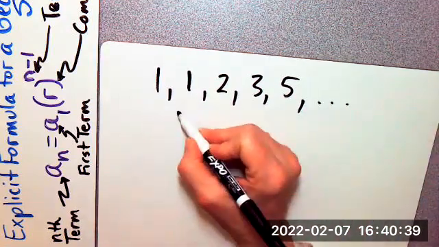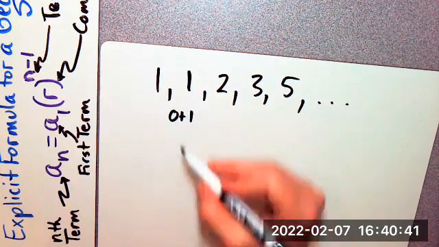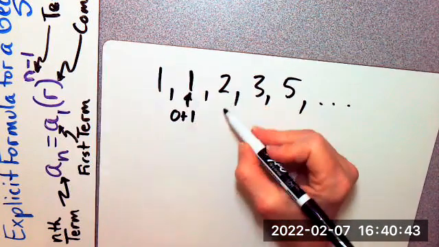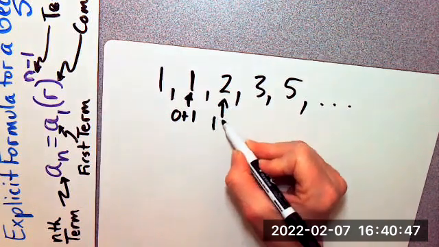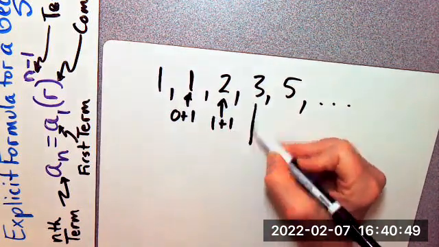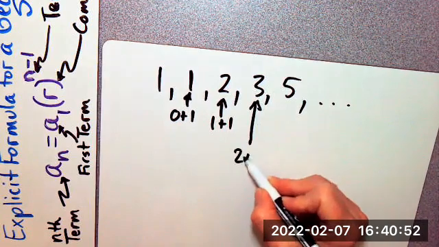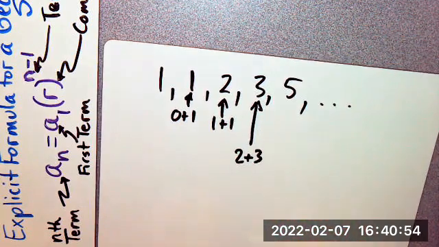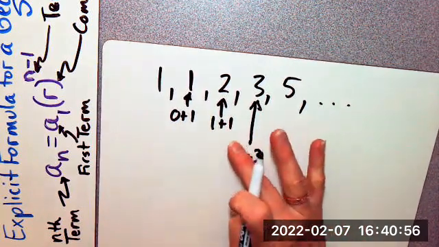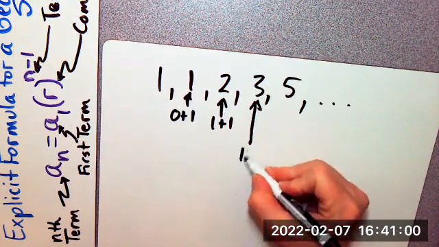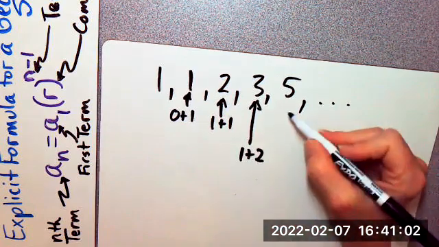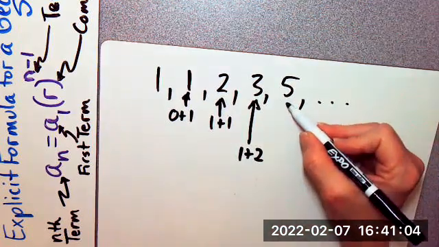So this is 0 plus 1 gives you this term. 1 plus 1 gives you that term. Oh, sorry, 1 plus 2 is 3.